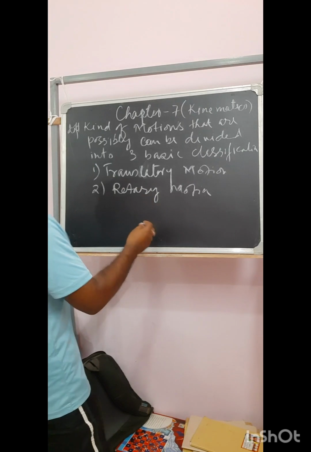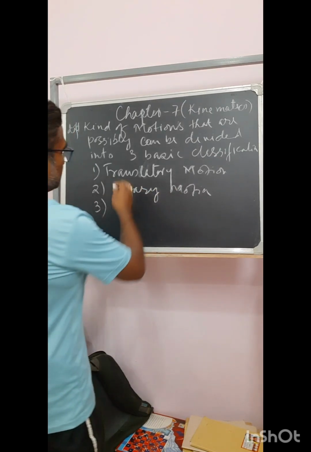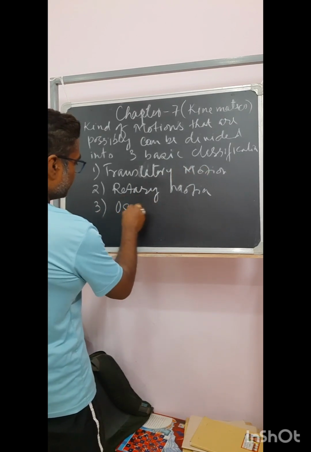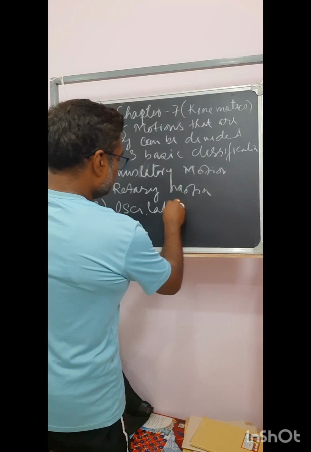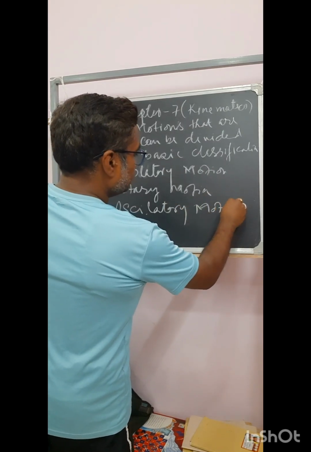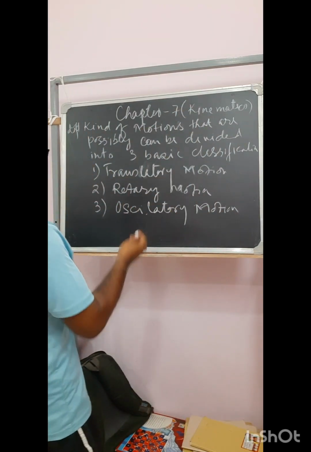Just follow my class and my words, and it will be very clear to you. And the third one is your oscillatory motion. So these are the three kinds into which motion can be broadly classified.